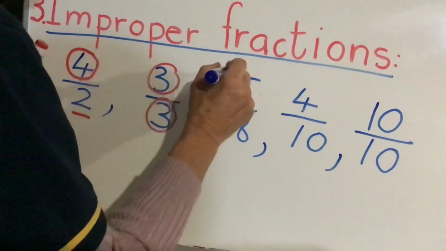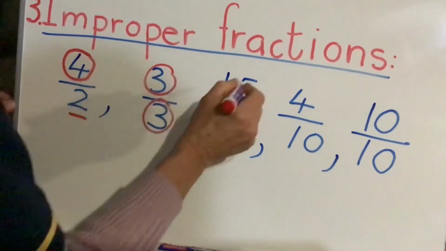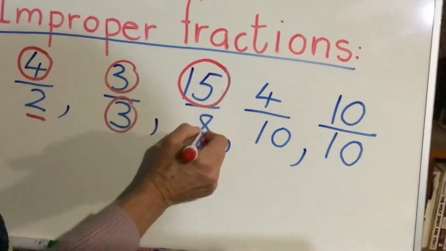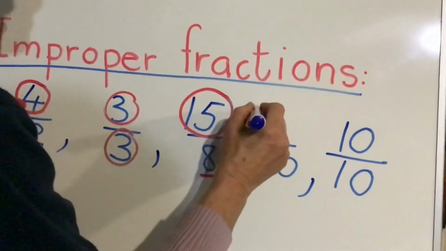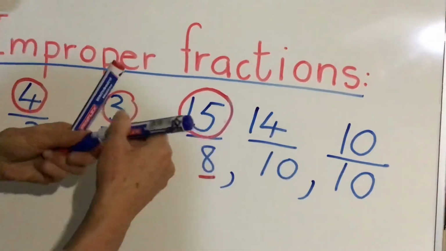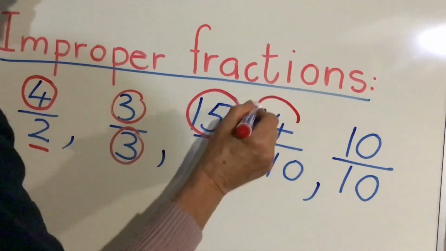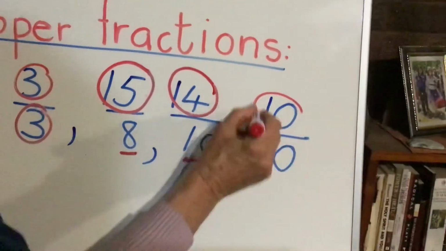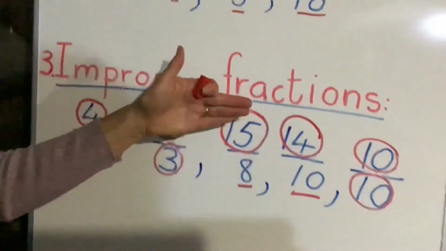I'm going to add a 1 in front of it. 15/8 is an improper fraction because the top is bigger than the bottom. Numerator bigger than the denominator. Here I'm going to put a 1 next to it to make it into a 14/10, because then we have an improper fraction. Bigger numerator, smaller denominator. Or if it's the same size as each other, they are also called improper fractions.